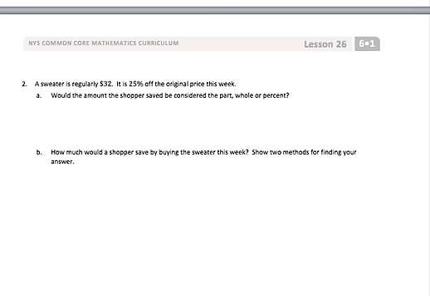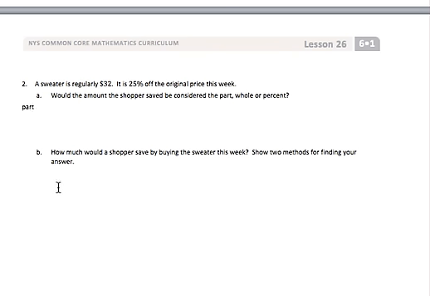Exercise 2 gives us the price for a sweater. The sweater was regularly $32, and it's 25% off the original price this week. The amount the shopper saved would be considered a part, because the whole price would be the price the sweater was regularly.